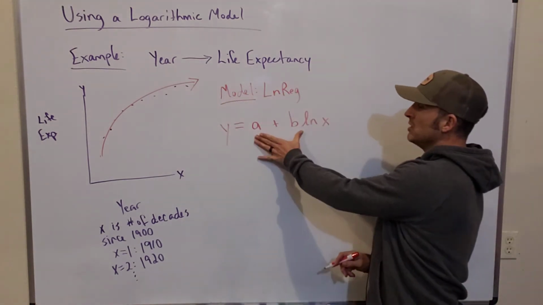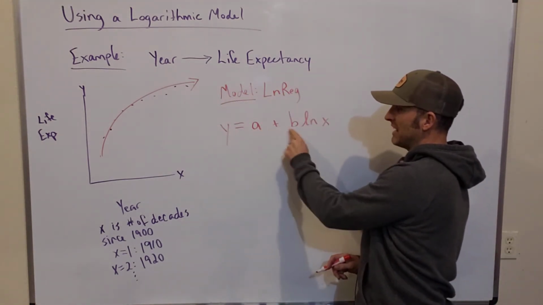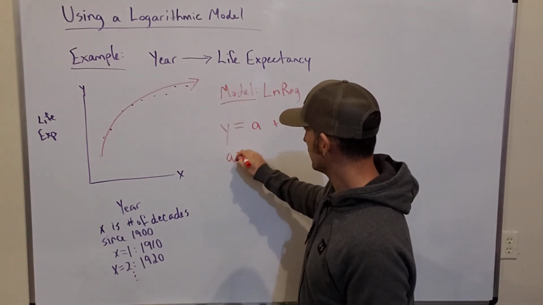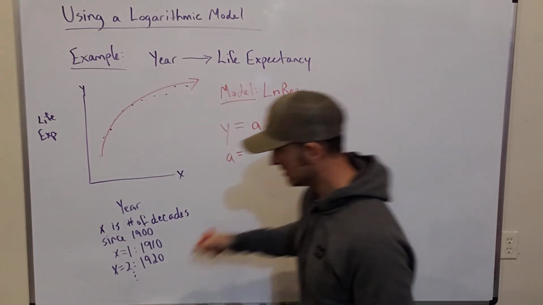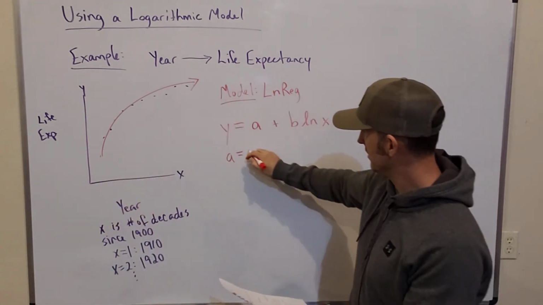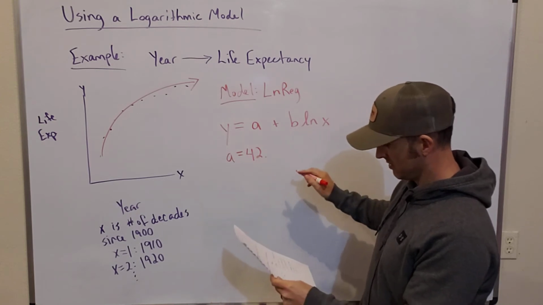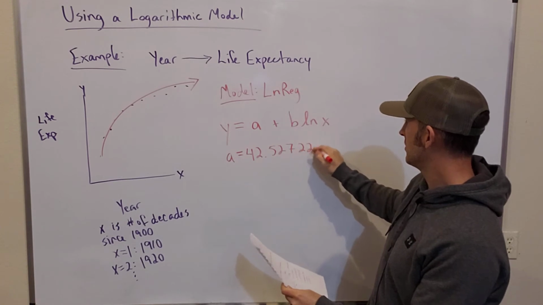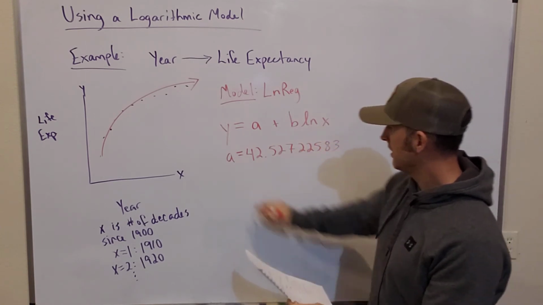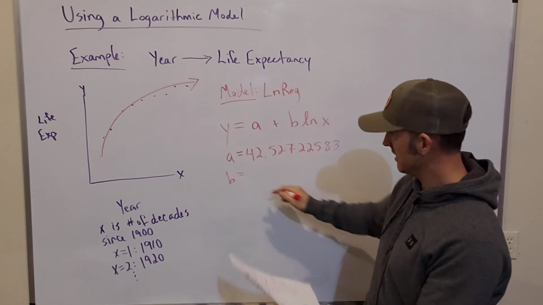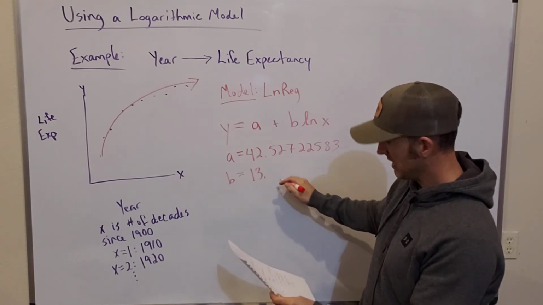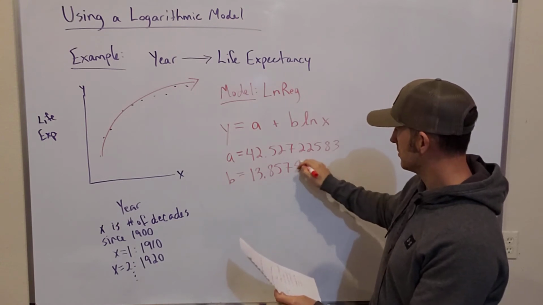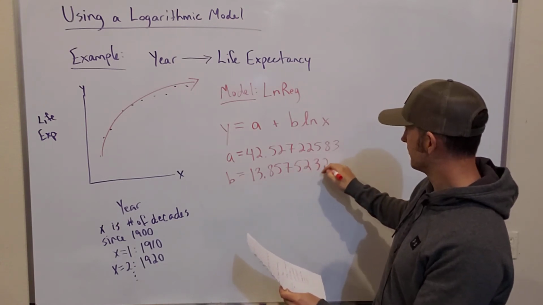So this is the model, but we have to know what the constants a and b are for that particular curve. In this case, relating the year to the life expectancy, it looks like a is 42.52722583, and b is 13.85752327.